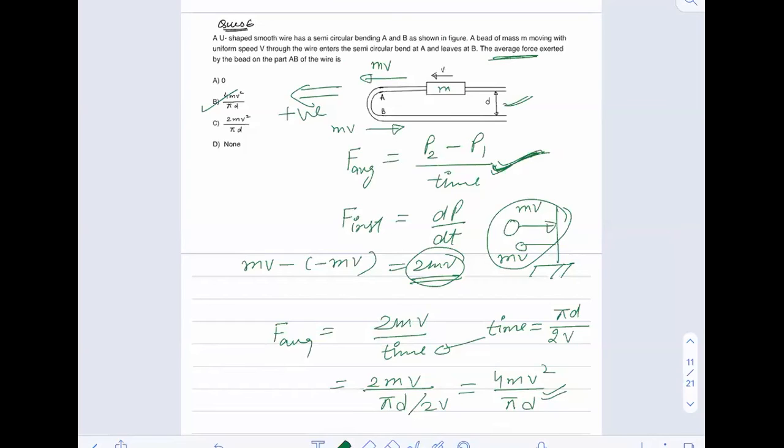Anybody is having problem in this question? Anybody is having doubt in this question?